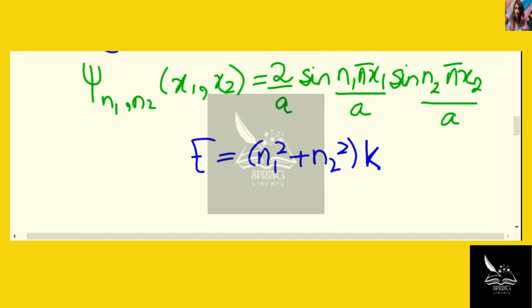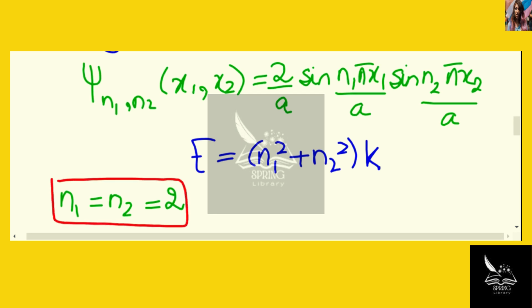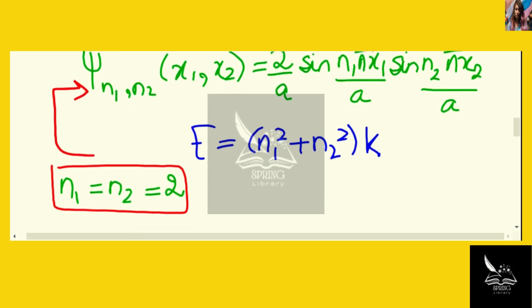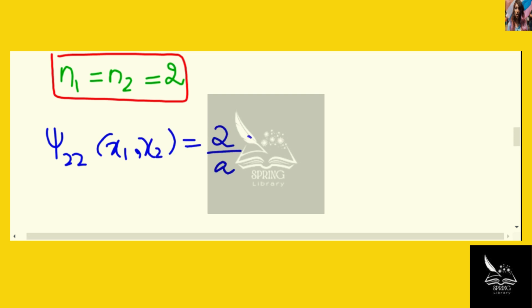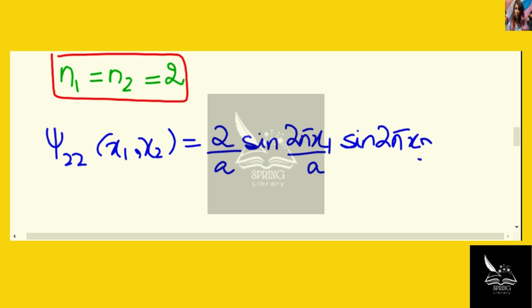The second excited state would be n1 equals n2 equals 2. So we plug these values in, and we have the wave function ψ 2 2 of x1, x2 equal to 2 divided by a, sine 2 pi x1 divided by a times sine 2 pi x2 divided by a.